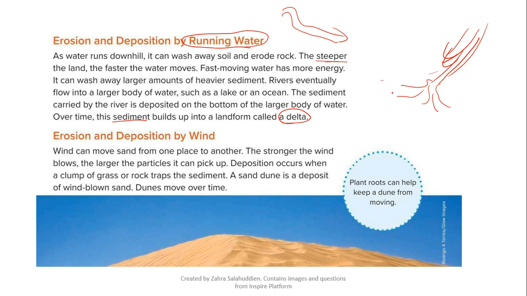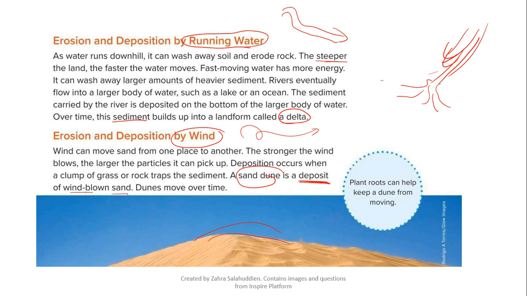when the river drops. Another way that we can get erosion and deposition is by wind. Wind blows the sand around and eventually drops it to form sand dunes. A sand dune is a deposit of the wind-blown sand.